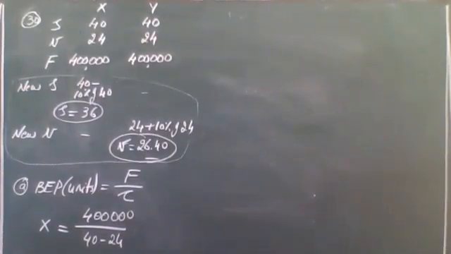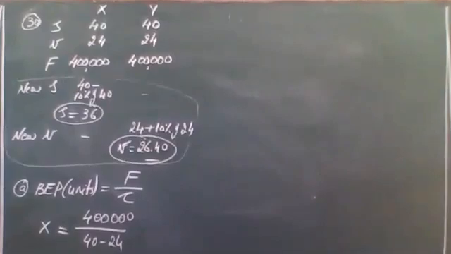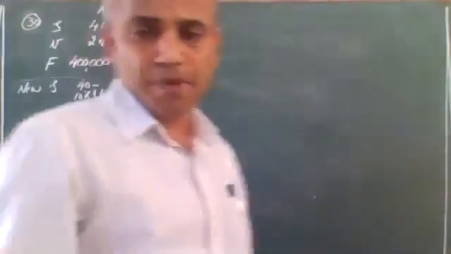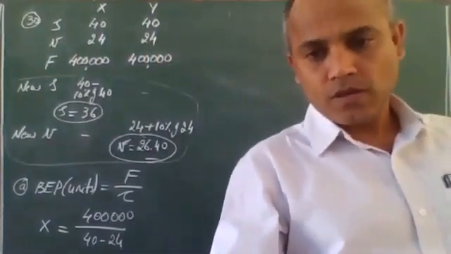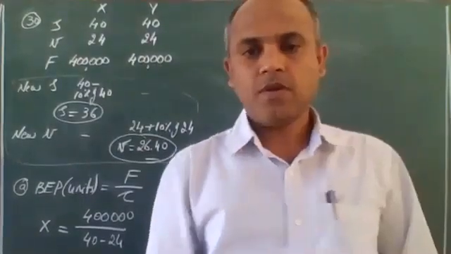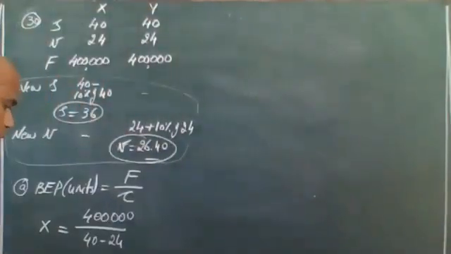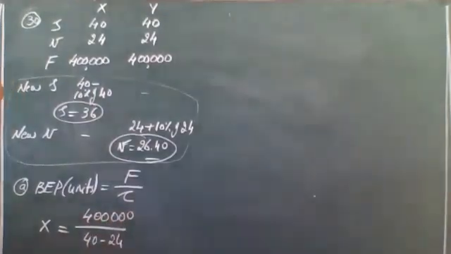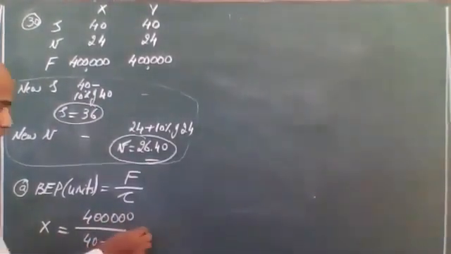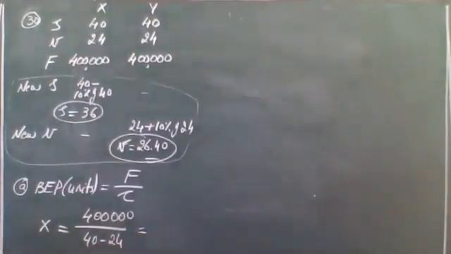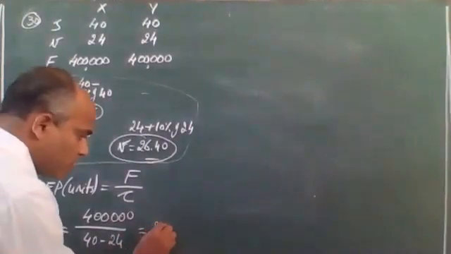Am I correct? I'll try to share the next page of the question also. So, what will be the answer? It is 4 lakhs divided by 40 minus 24, that is 16. So I can write here, 4 lakhs by 16 rupees will come to 25,000 units.